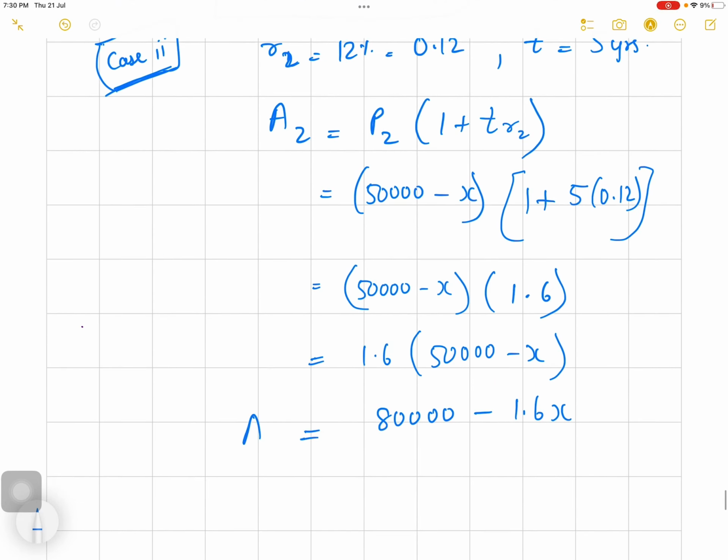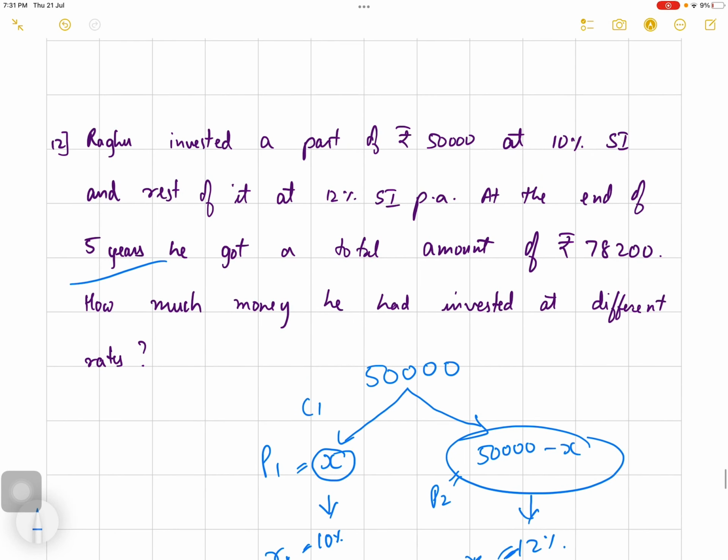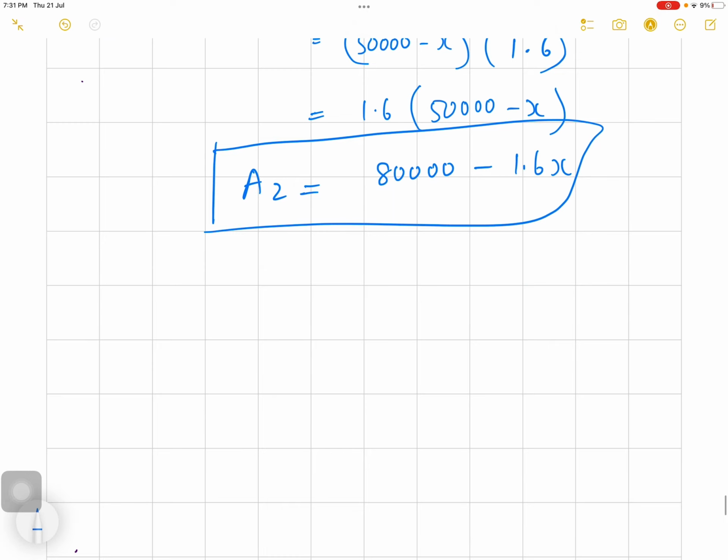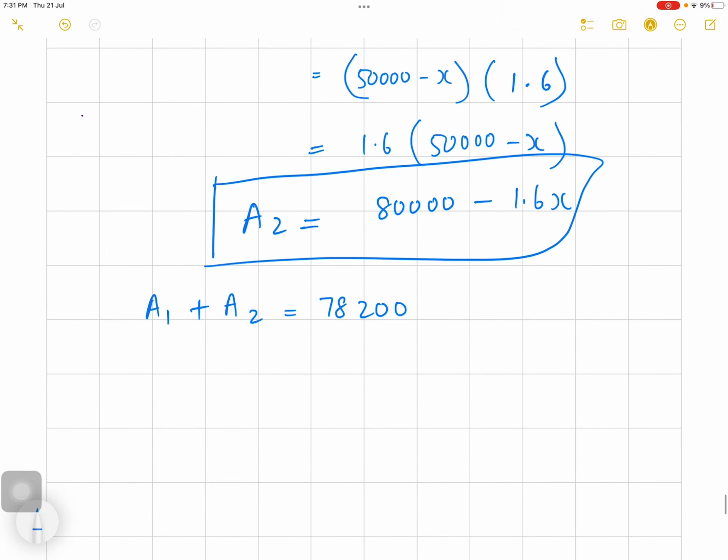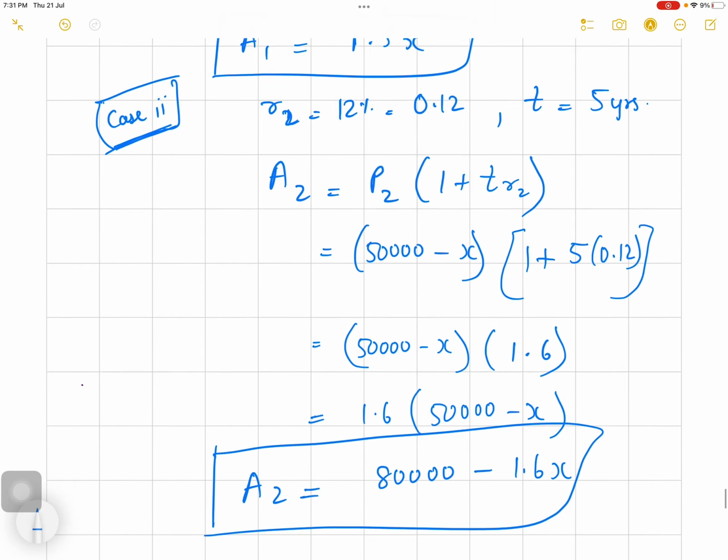We know the total amount is 78,200. That means A1 plus A2 is equal to 78,200. So let us substitute A1 and A2.